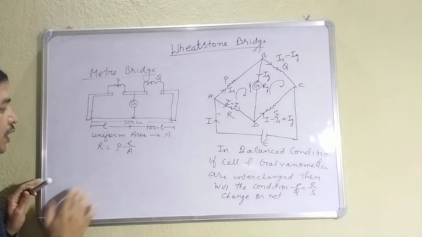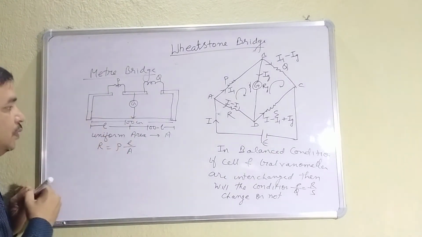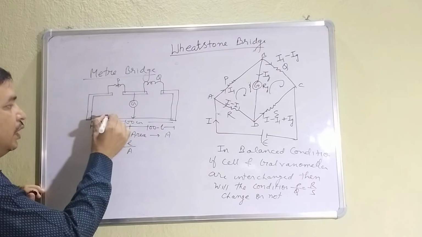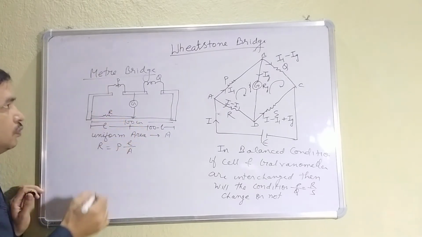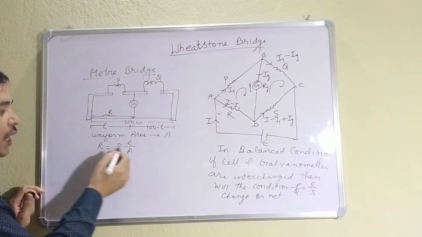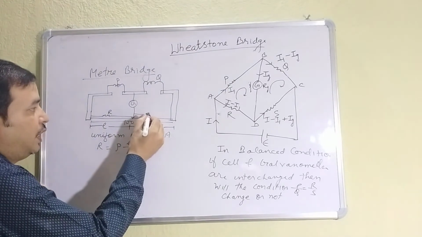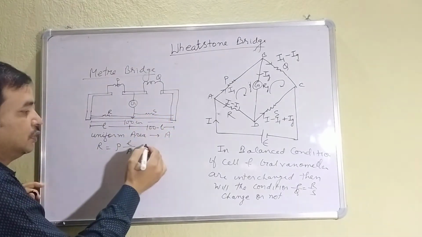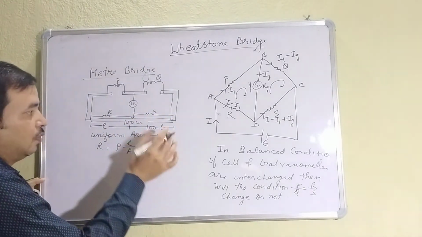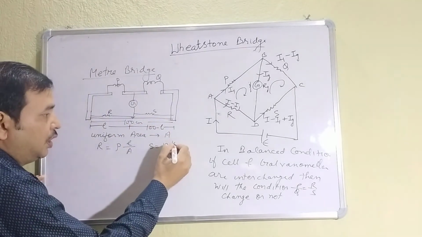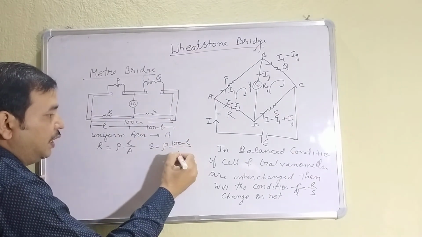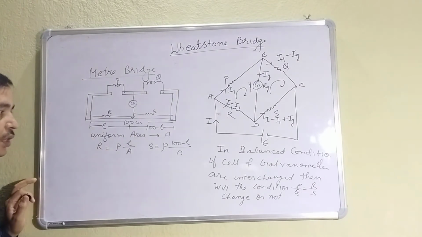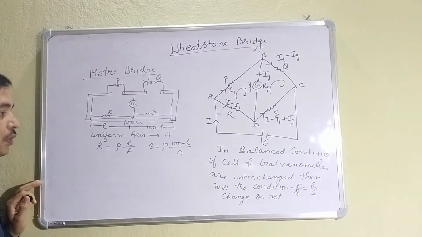Suppose this length has resistance R. Now suppose the other part of the wire has resistance S. So S will be rho times the length, 100 minus L, and the area will be the same, as we have taken the whole area to be uniform.